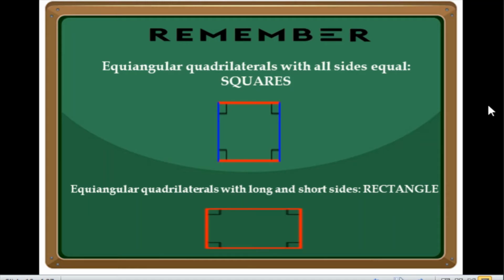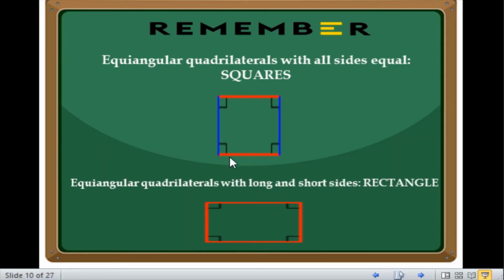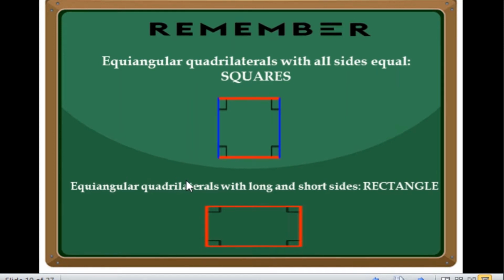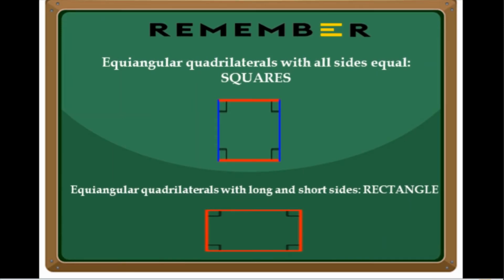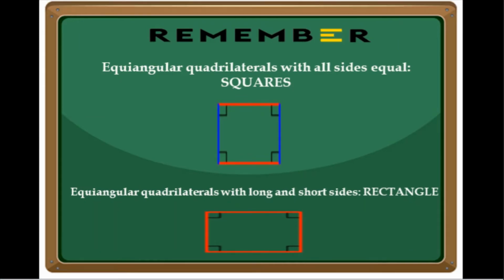Indeed, a rectangle has a long side and a short side, therefore giving us not equal sides. Everybody say again, rectangle. One more time, please. Rectangle.